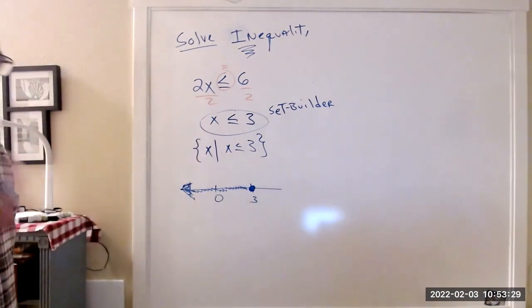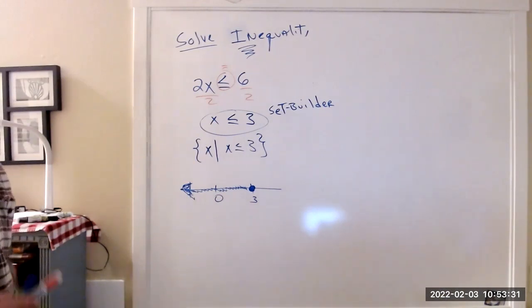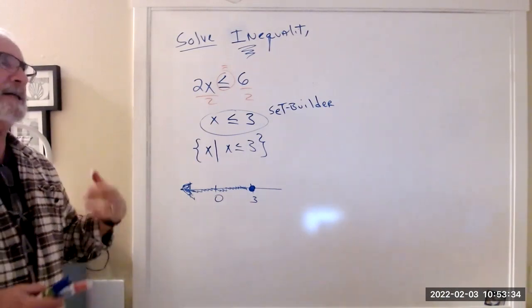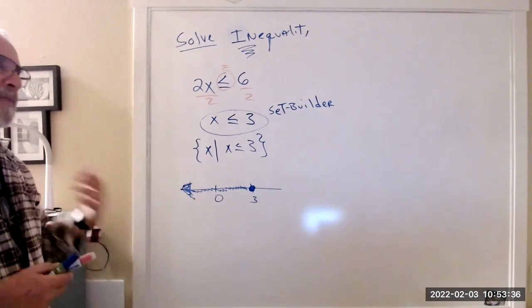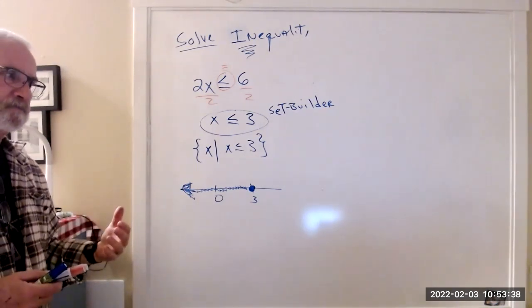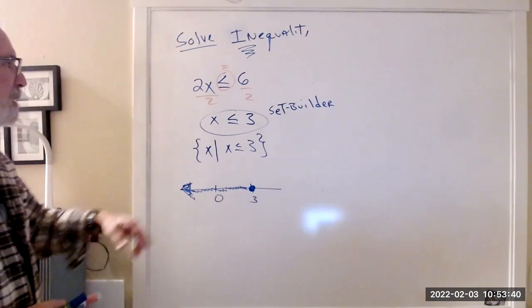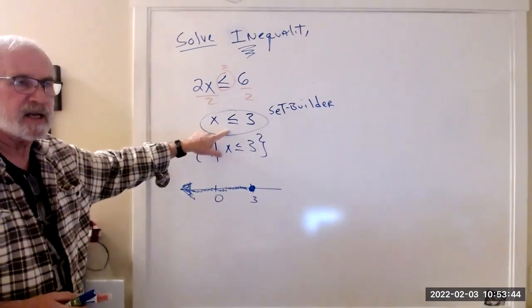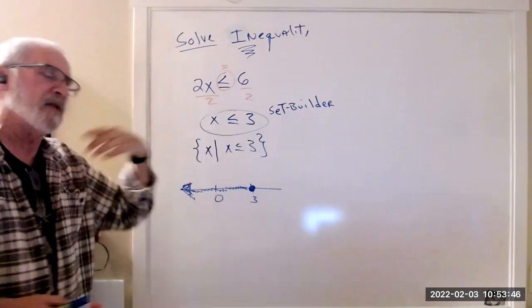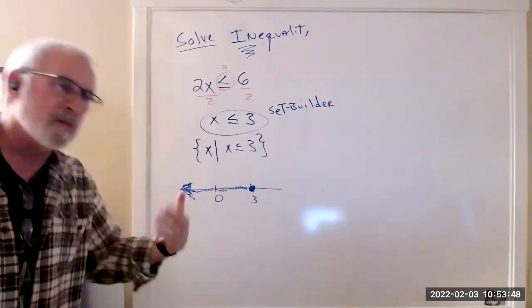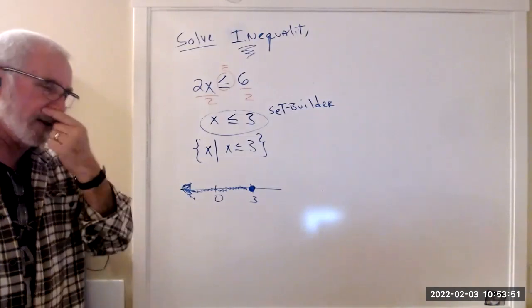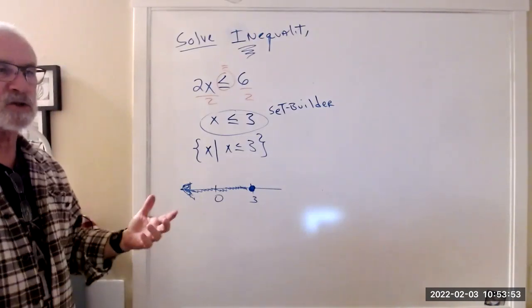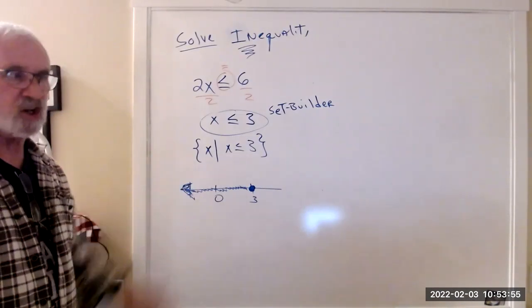There is a new notation, a new way. The math world can't make up its mind. There's a time and a place when this way of indicating an inequality answer is good, and there's a time and a place when this new method is good. And so, unfortunately, what that means for you as a student is you're stuck. You've got to learn them both.